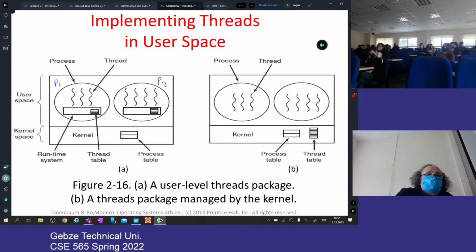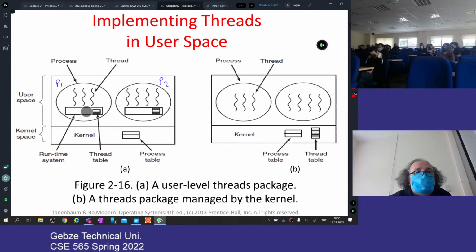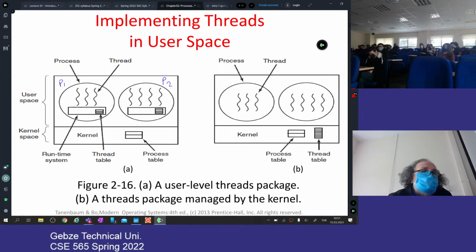Because all the threads are implemented inside the same process, and if I mess up something, all the threads are going to die, because this thread table and everything inside are all in my user space. That might be a disadvantage, but threads are sharing their memories anyway, and if I mess up something with one of the threads, all the other threads are going to be affected.